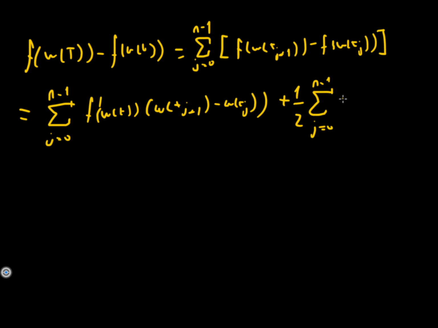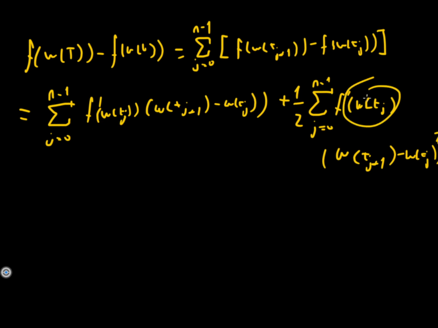Now remember that first thing I said about the function being 1 over 2 x squared and how it will make the computation a lot simpler. We'll see how it makes it a lot simpler in this case. So this is simply 1 and this is simply omega t_j. So what we get is omega t_j d omega t and 1 half times the quadratic variation.